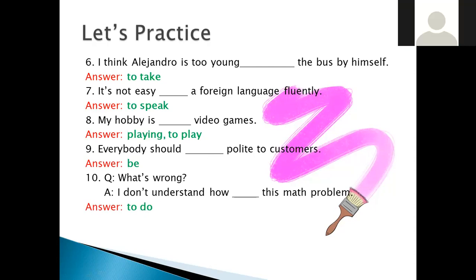I clicked too quickly. I don't understand how ___ do this math problem. With how, we want to say to. How to swim, how to dance, how to speak English. How to is very, very popular. All right, good. Let's try another one.